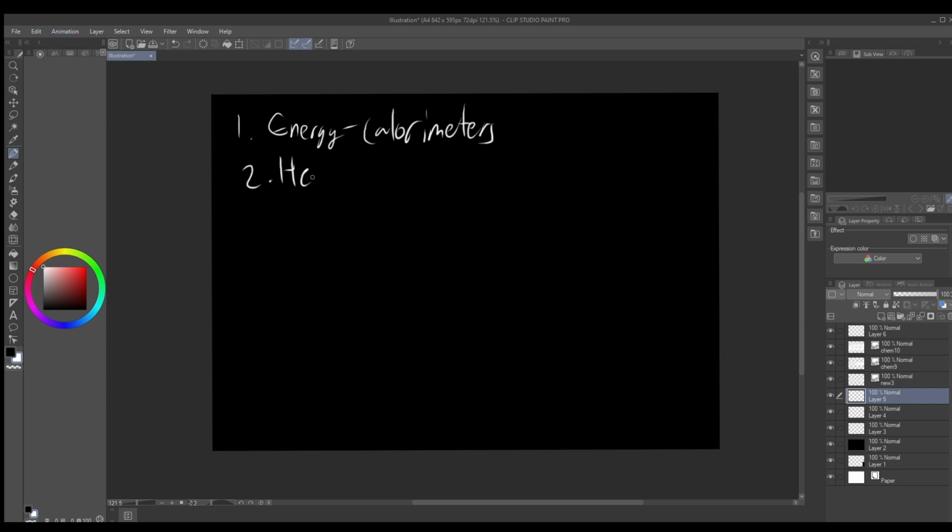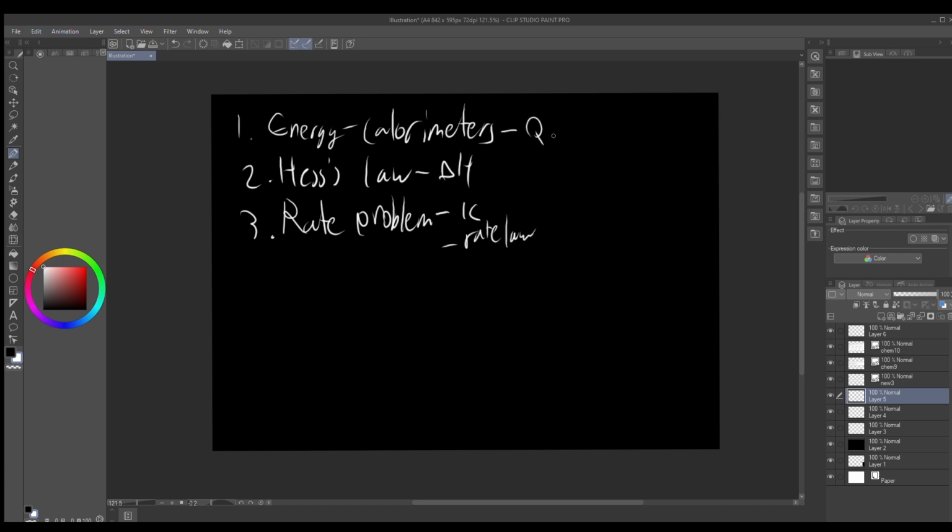We solved a Hess's law problem, and we also did a rate problem. For Hess's law, we found the enthalpy change. For rate law, we solved for K and solved for the rate law. And for the calorimeter problem, we did just about everything: we found Q, we found H, we found molar enthalpy.